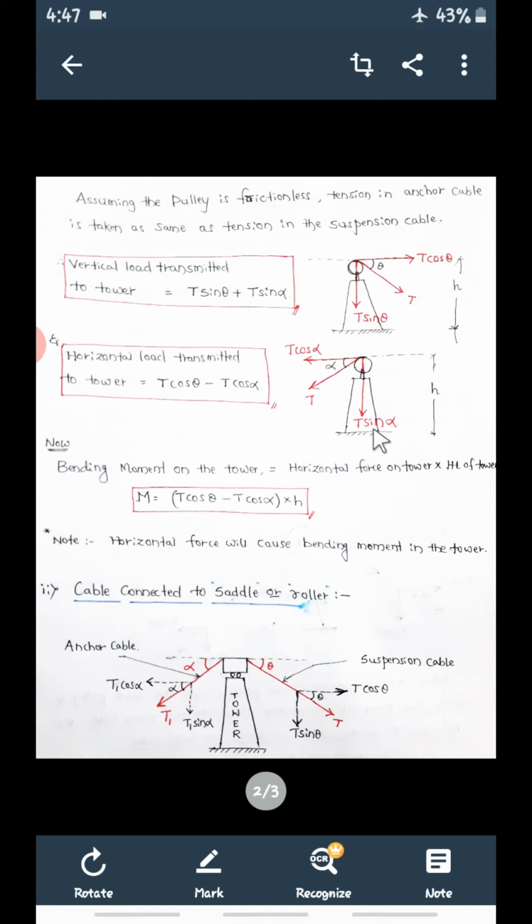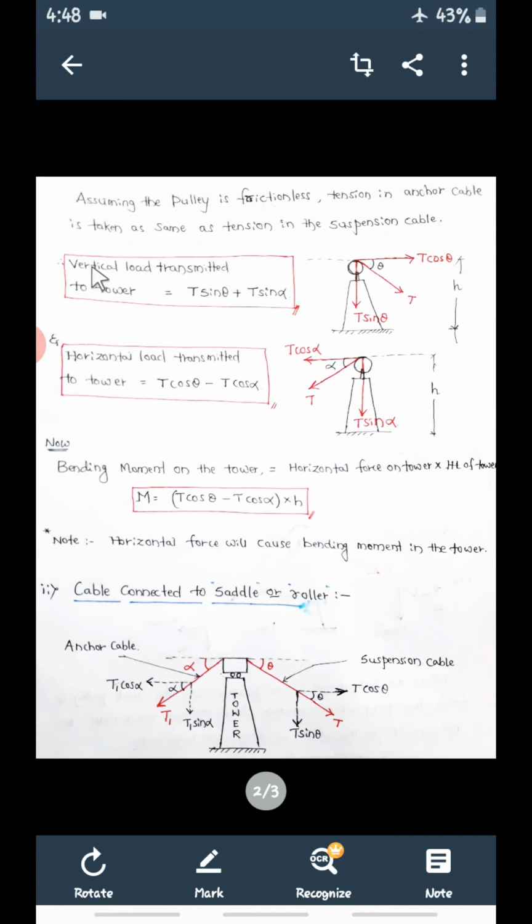It is T sin alpha. T sin theta is because of the tension in the suspension cable, and T sin alpha is because of the tension in the anchor cable. So both are acting vertically down on the tower.